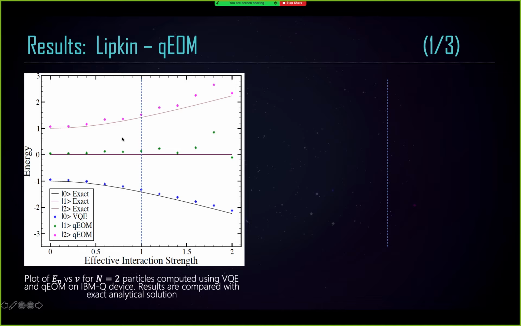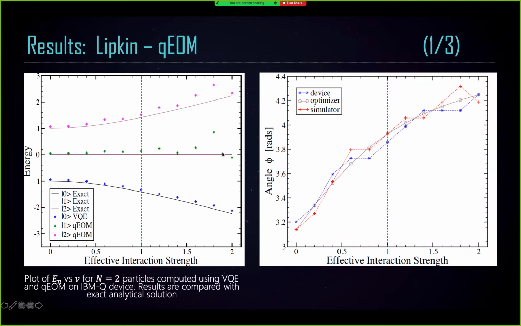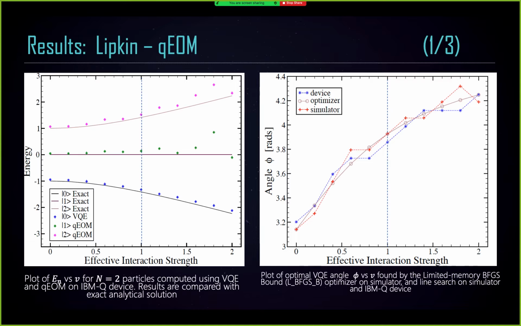We compared two regions of this, as you can see with the line. This is the region where you have low coupling, and then we go to a higher coupling regime, and we start to see something very interesting happening there. This zigzag can be explained if we also look at the graph of the angle phi, the one that we are optimizing for the ansatz.